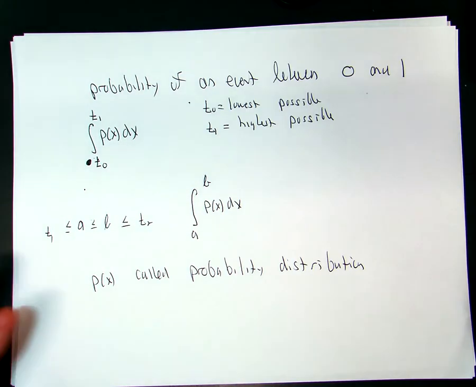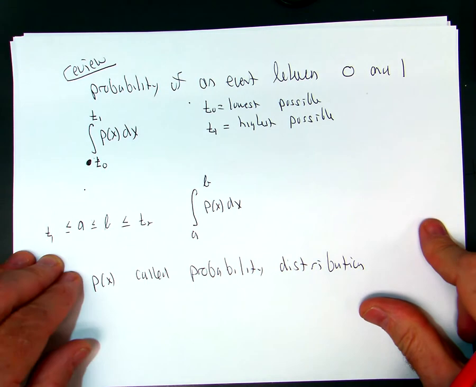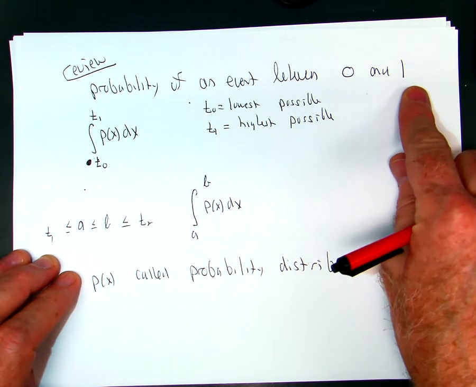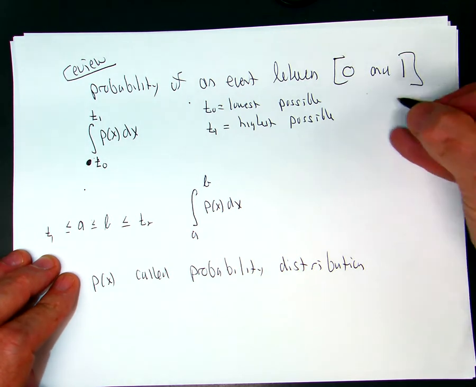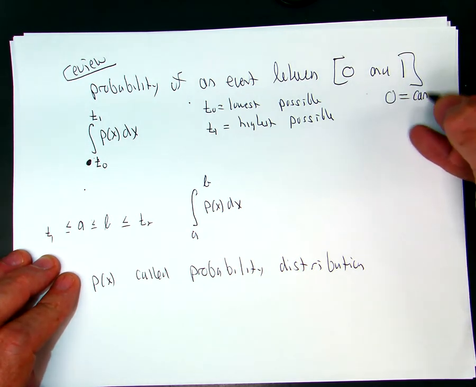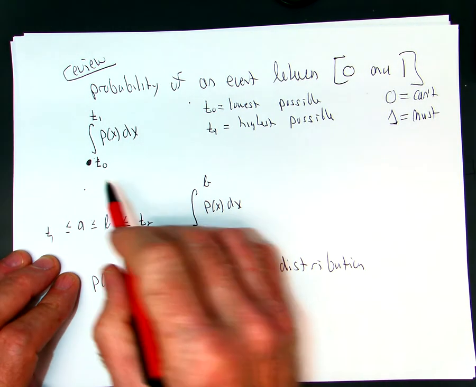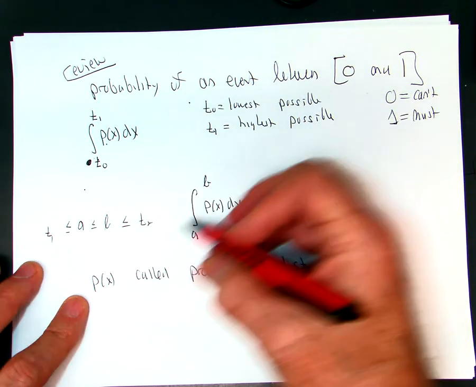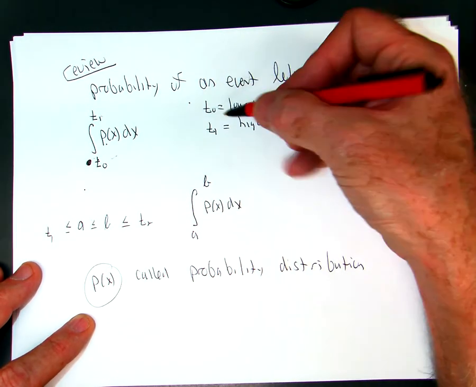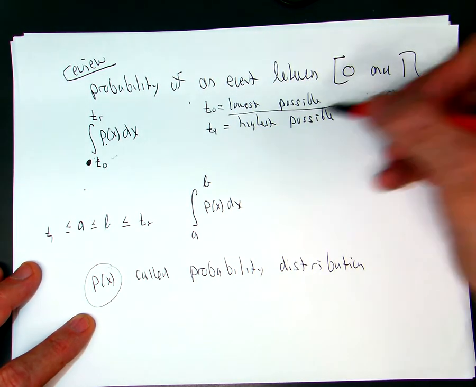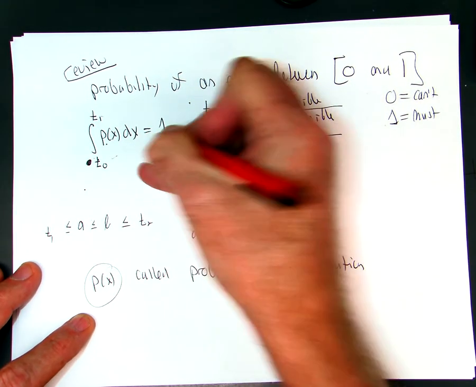So I just want to review, and then I'll move on. The probability of an event is always between 0 and 1, so it includes 0 and it includes 1. 0 can't happen; 1 must happen. Now, if we have a probability distribution, that's what p of x is, and I look at this integral from t0 to t1, where t0 is the lowest possible event and t1 is the highest possible event, this integral has to be 1.